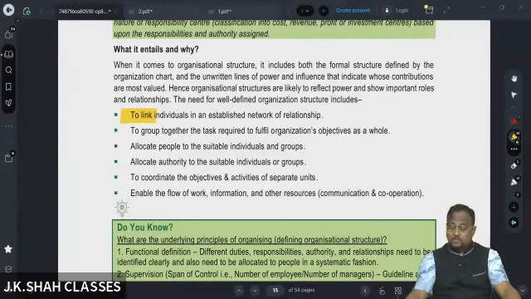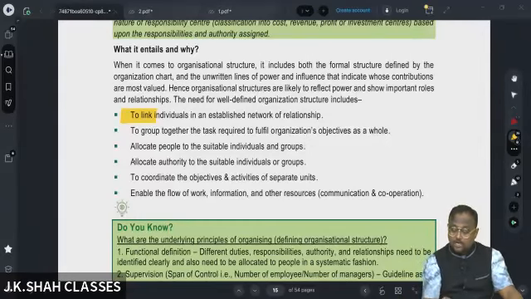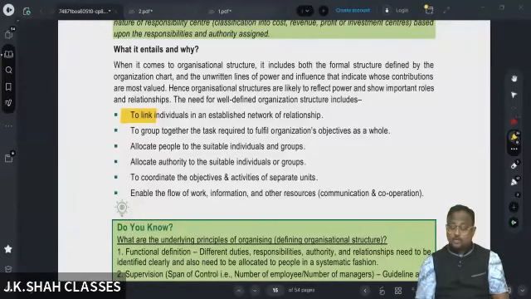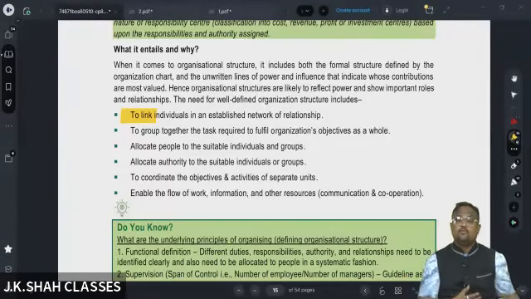To group together the task required to fulfill organization's objective as a whole. Allocate people to suitable individual and groups. Allocate authority to the suitable individual and groups. For example, if I have surplus employees in one department and they are capable of doing something else, I will shift them from one segment to another.